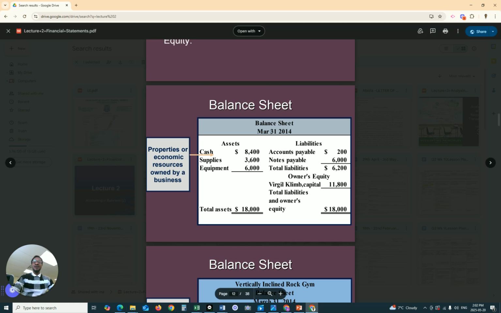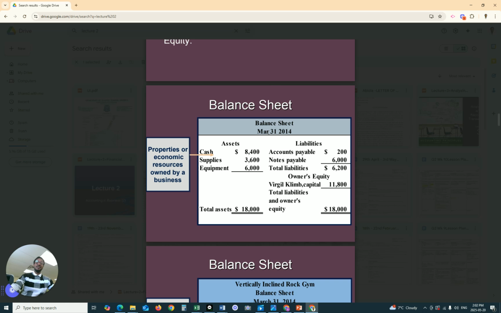Then liabilities are obligations of a business to third parties, debts or indebtedness of a business to outsiders. Any amount that is being owed by a business is a liability. So accounts payable, notes payable, or loans are liabilities. When we deduct liabilities from assets, it gives us equity.